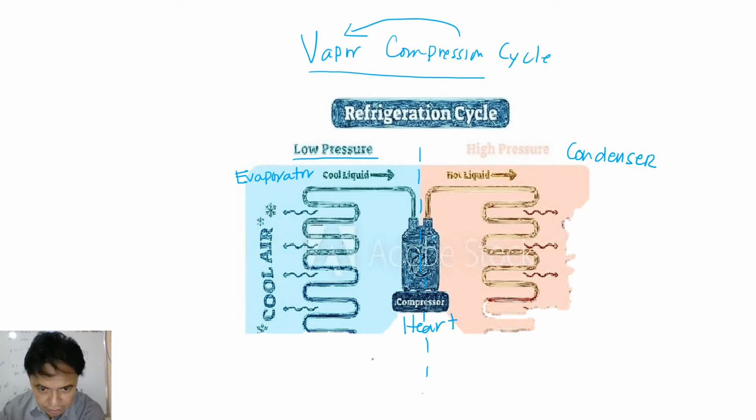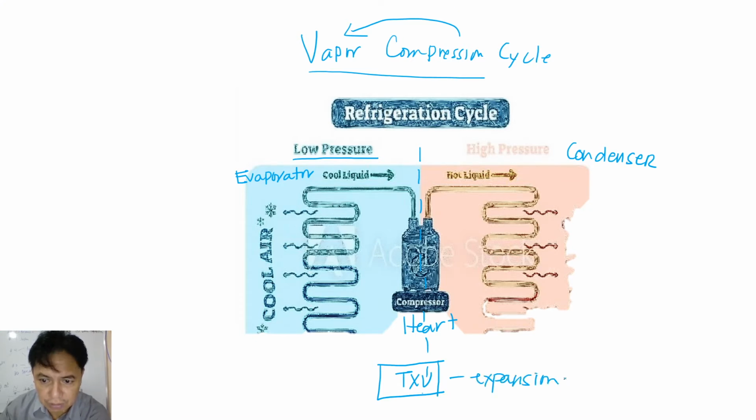There's another here, TXV or XV. So this one is the expansion valve, or the so-called thermo expansion valve. Others use expansion valve, others use thermo expansion valve, but basically this is the same thing. From the condenser, it is fluid and goes to the thermo expansion valve, right?